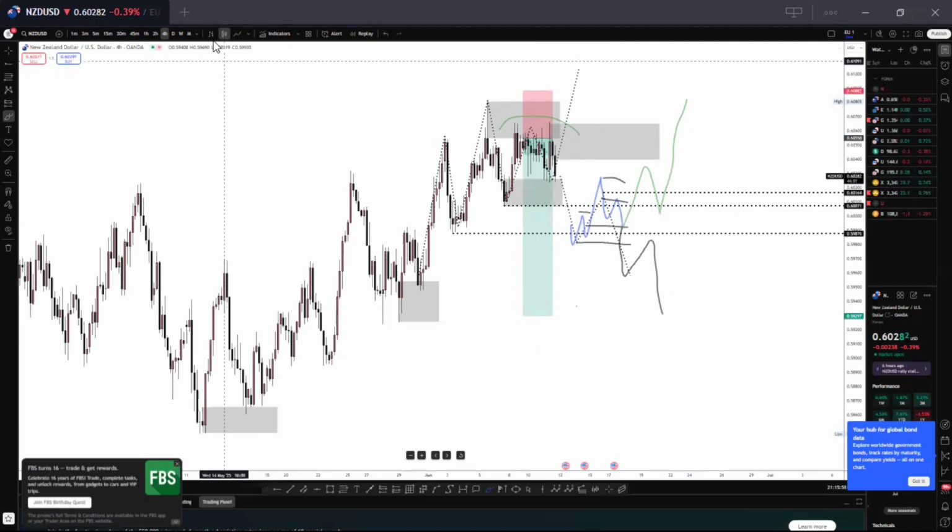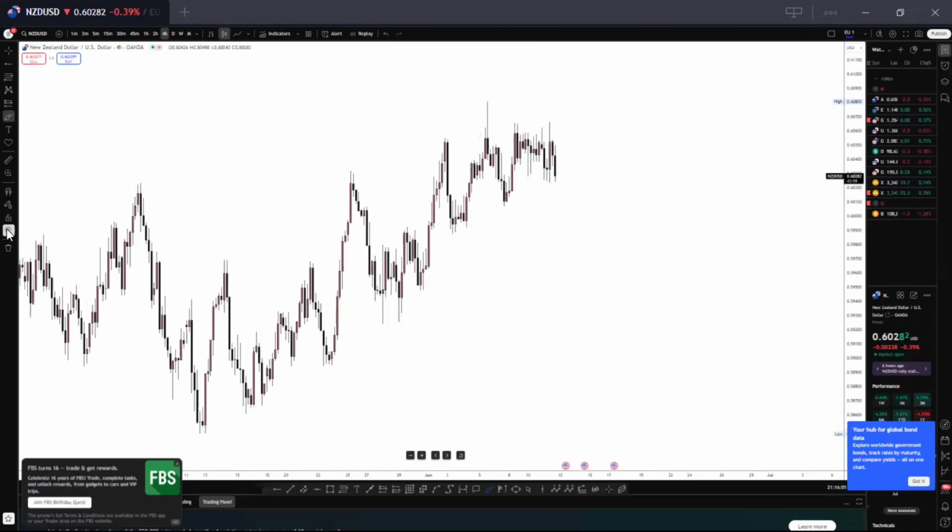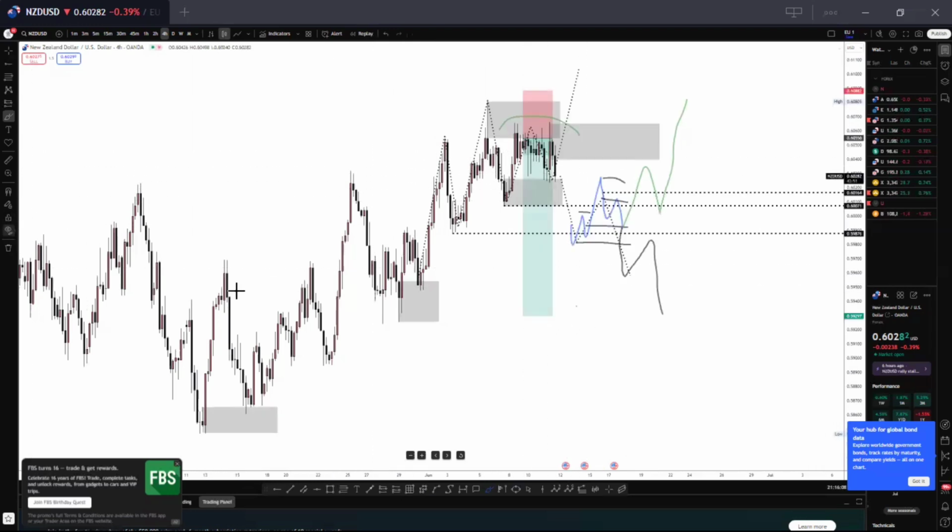Okay, so this is manipulation. So if this gets broken, you pay attention to the area of interest here. It's a two-sided coin. Do you understand? Anything can happen. You just have to pay attention to this market structure. Once you see something like this happening, pay attention to this point. If price doesn't break this point and does this, then you're going to start seeing signs like this.